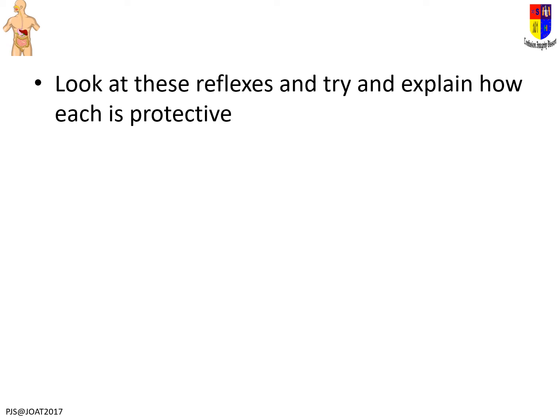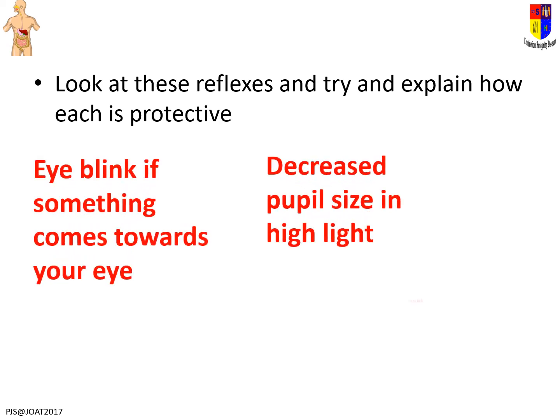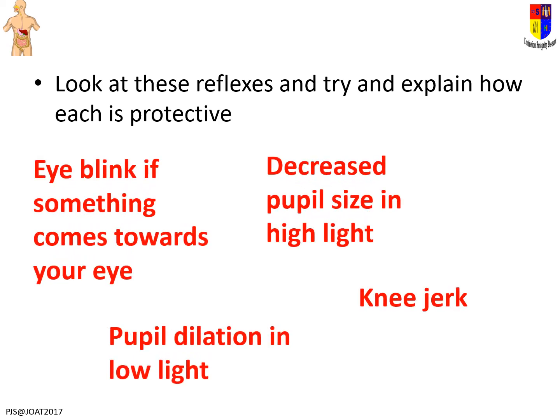If you look at these reflexes, you can think about how each of them is protective. Some of them are easier. The eye blink is kind of obvious: if something's coming towards your eye, you'll blink to stop it going into your eye. If you're in low light, you need to be able to see better so you don't bang into things.